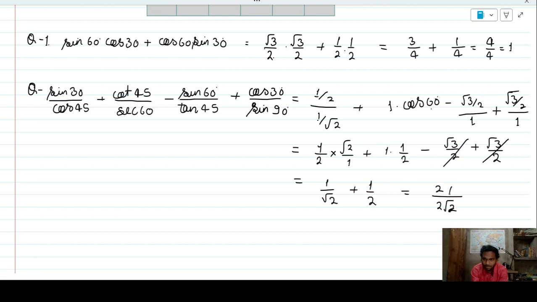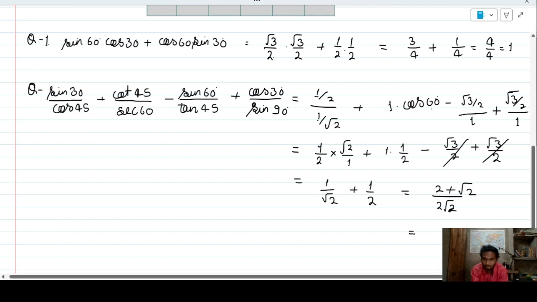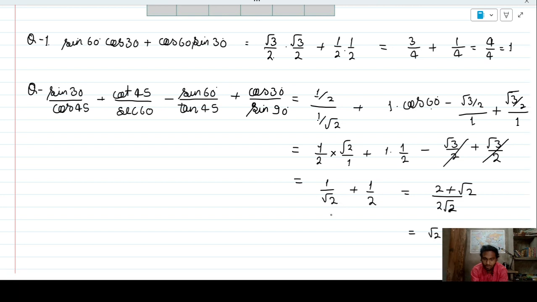There is also another method to solve: root 2 multiply root 2 is 2, LCM 2, and divide by root 2, then root 2 plus 1.